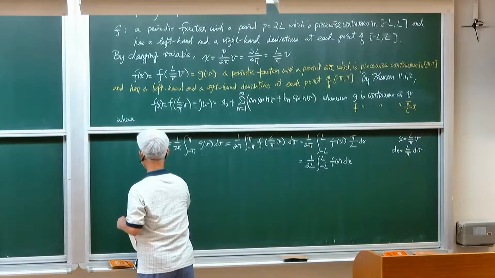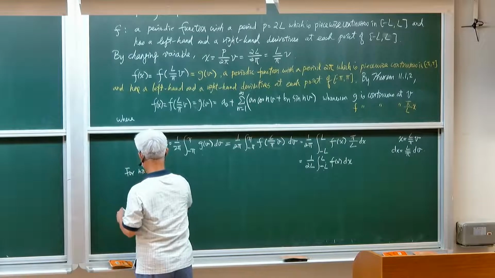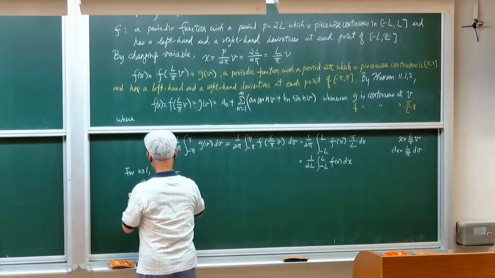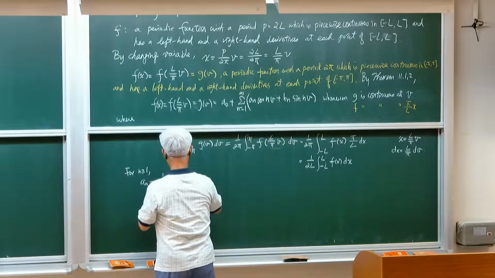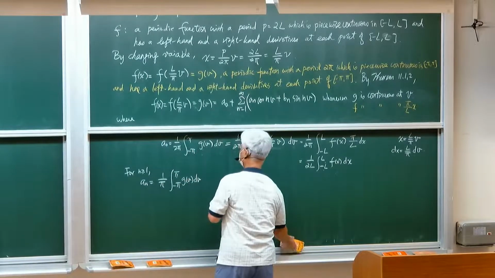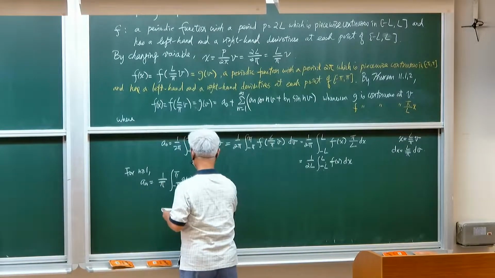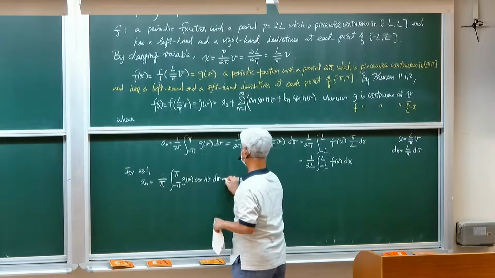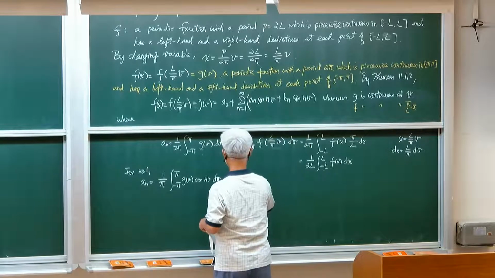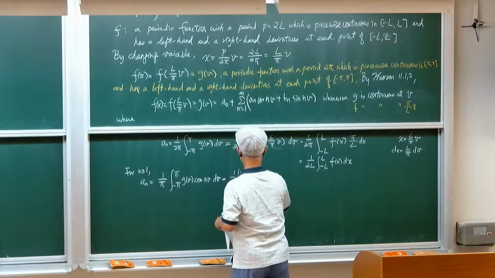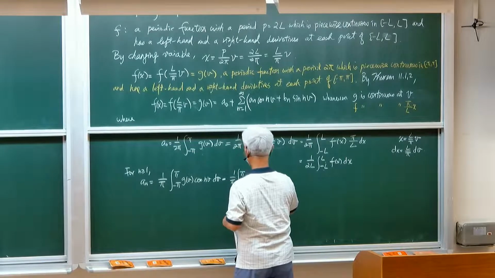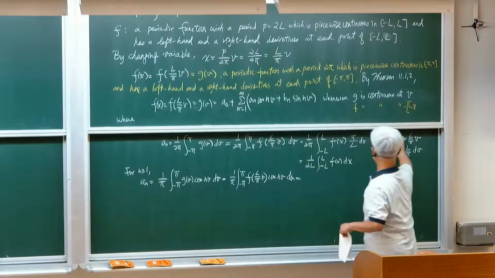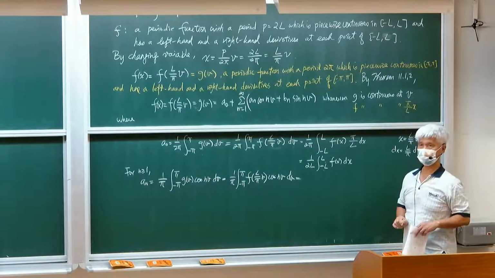And what is An? Okay, the An is 1 over pi, the integral from minus pi to pi of G of v cosine nv dv, right? So this is f of L over pi times v, cosine nv, dv. And we do the same change of variable. Okay?